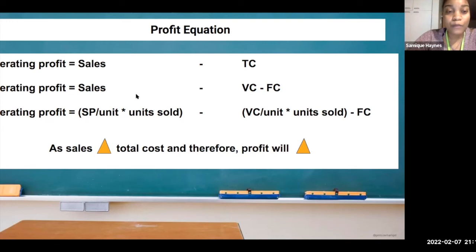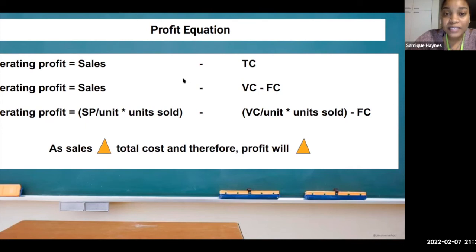Operating profit, now we can break that down even more by saying profit is equal to, how do we find sales? Sales is the selling price per unit times the number of units sold. Okay? And then we can even break down the variable costs. We can say variable cost per unit times units sold, minus fixed costs.